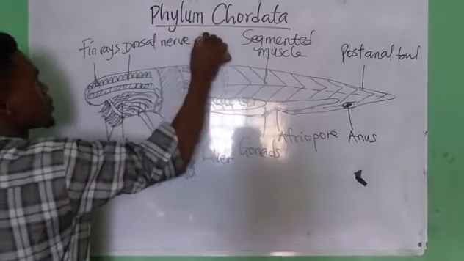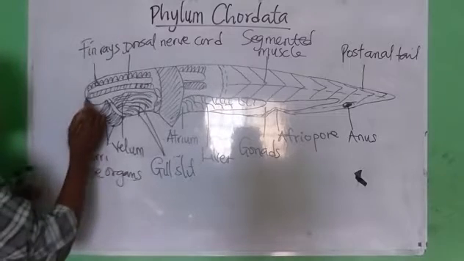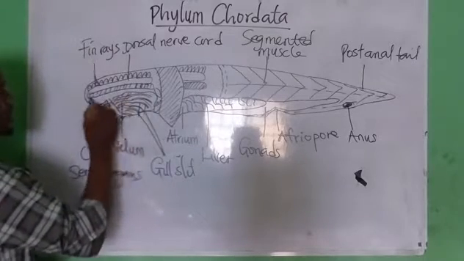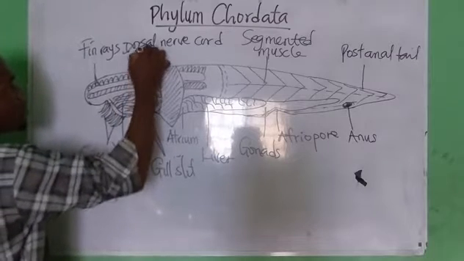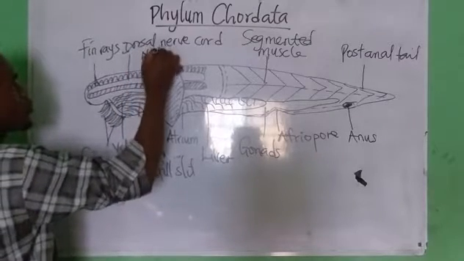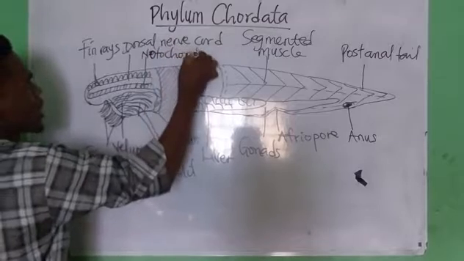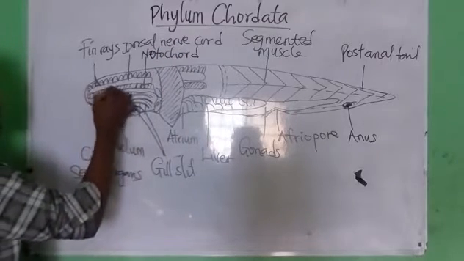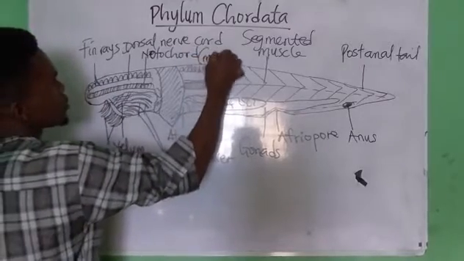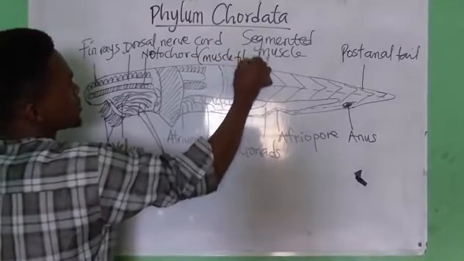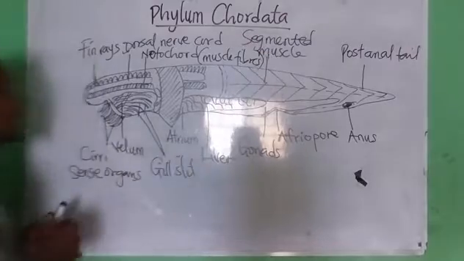Dorsal nerve cord. Why this rod that is longitudinal, this very rod is called the notochord. You can see that the notochord is made up of what? Muscle fibers. So I'll open the bracket.